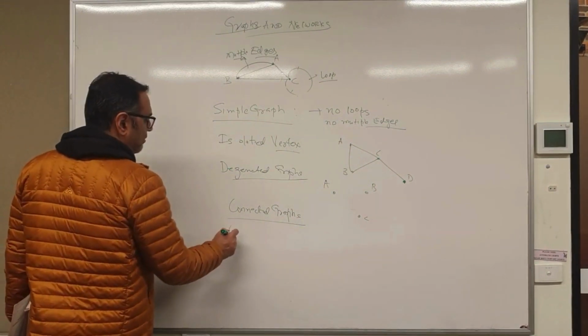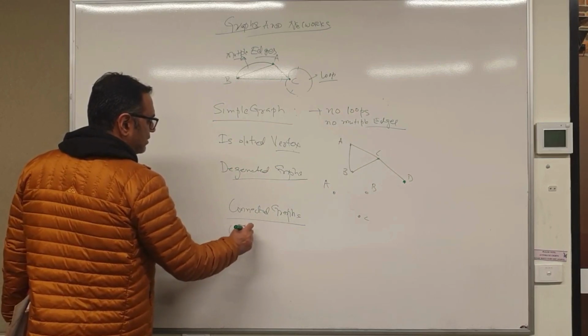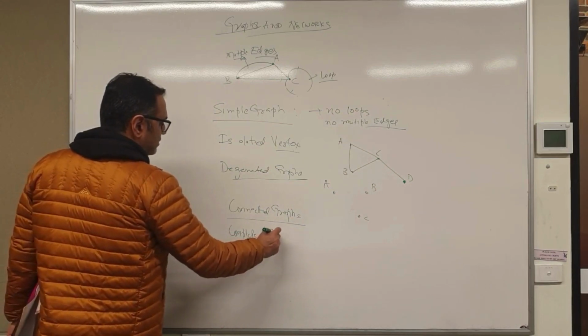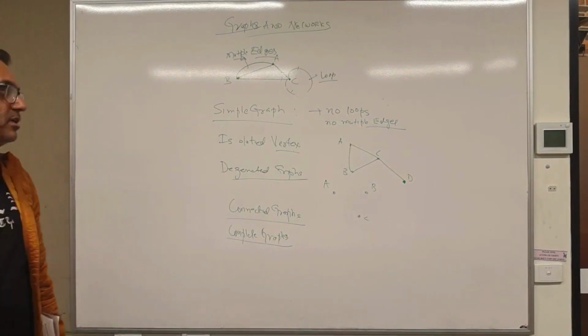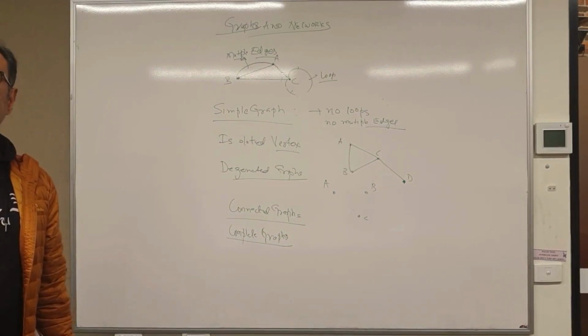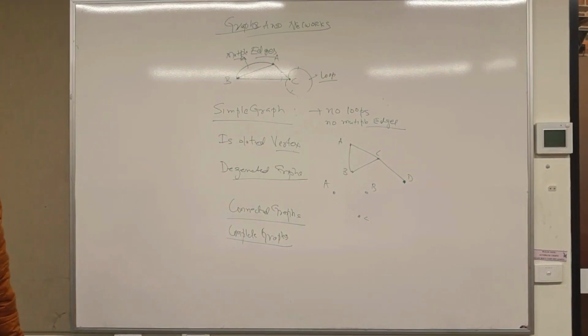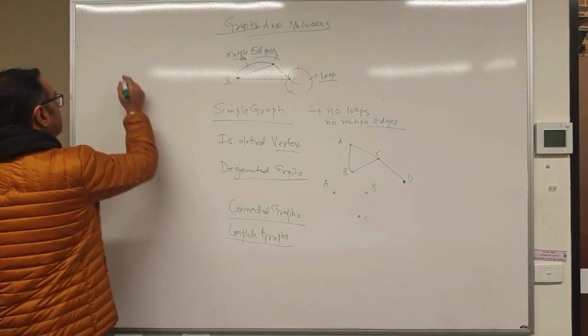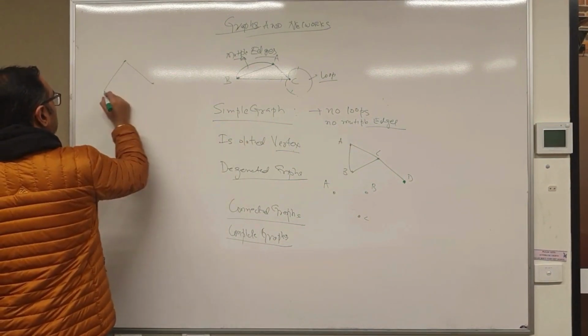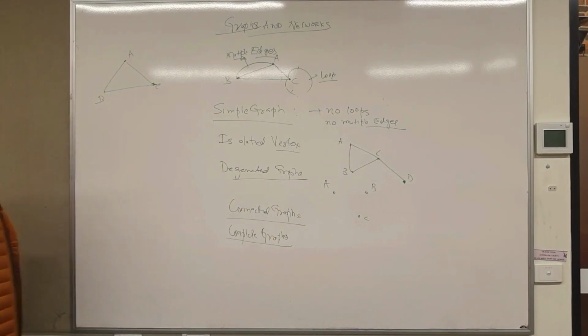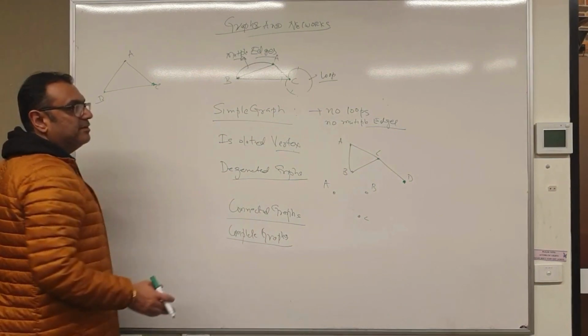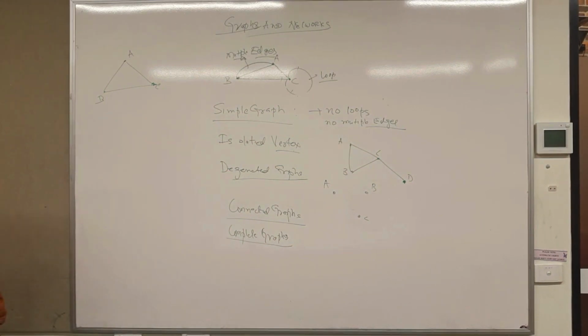Then you have something called complete graphs. Complete graphs are those graphs where you can reach from one vertex to the other directly. For example, A, B, C. Complete graphs are also connected graphs, right? Because in connected graphs you can reach anywhere from anywhere, in n number of hops.